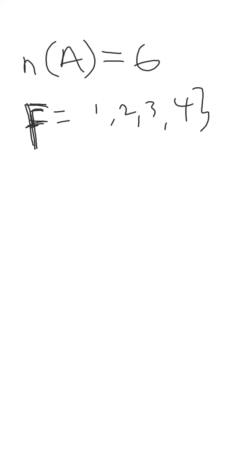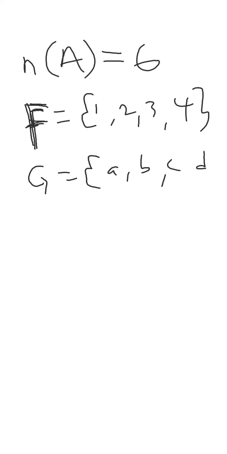But if you are not using letters, you may not bother yourself about the case of the letter. In this case, I'm using 1, 2, 3, 4. I can decide to say set G. You can give it any name, A, B, C, D. All right. But always make sure that you are separating those elements with a comma. Yes, you can see that I've been separating my elements with comma.